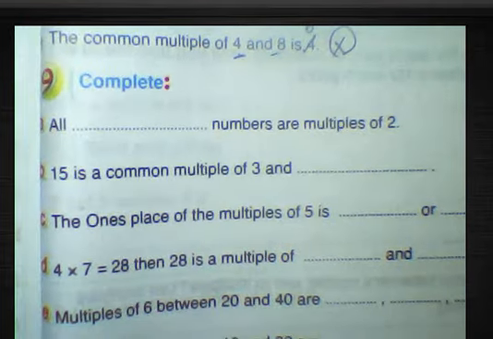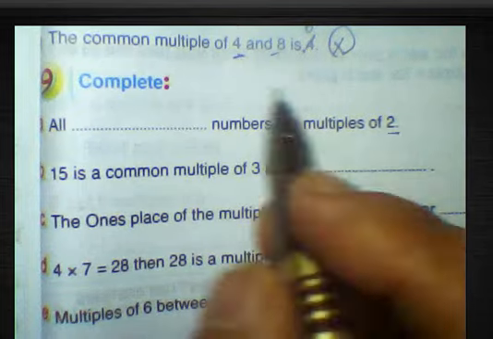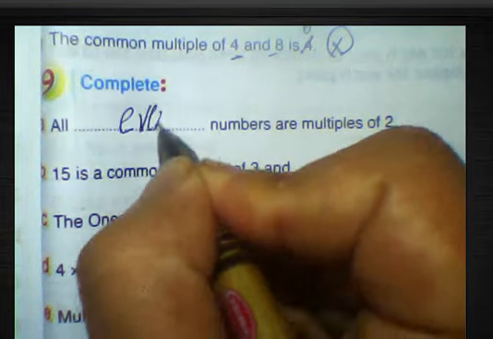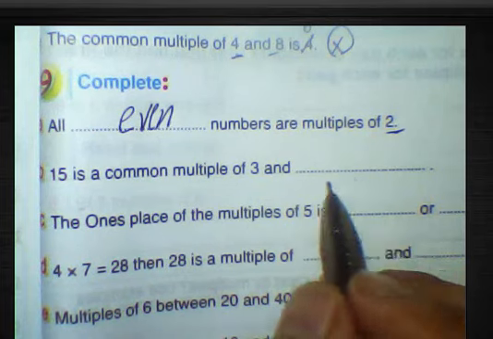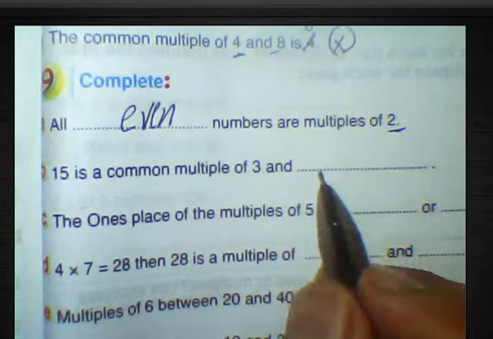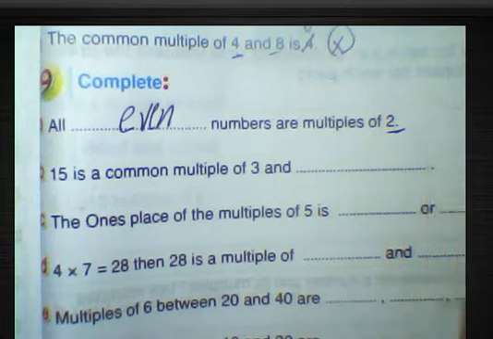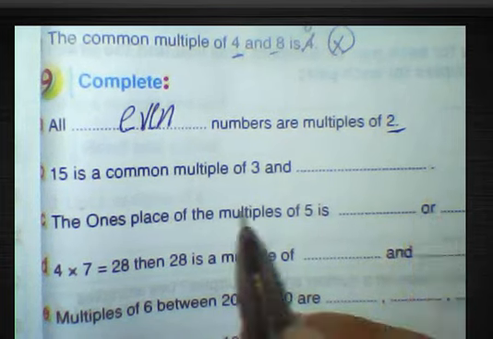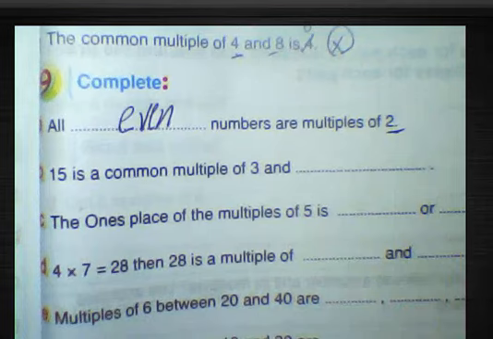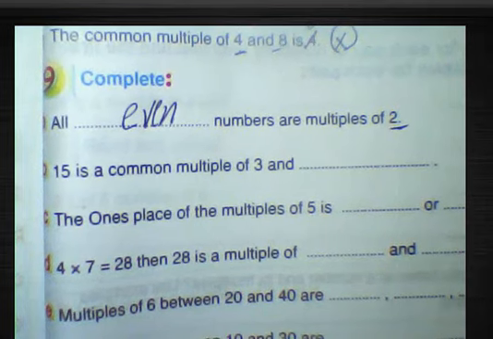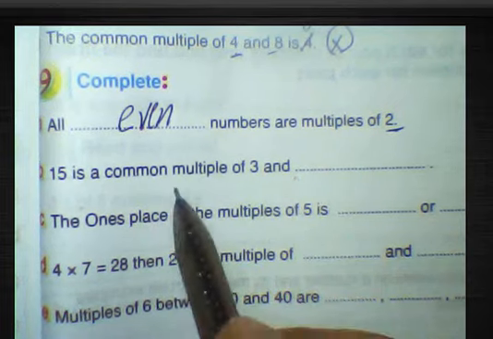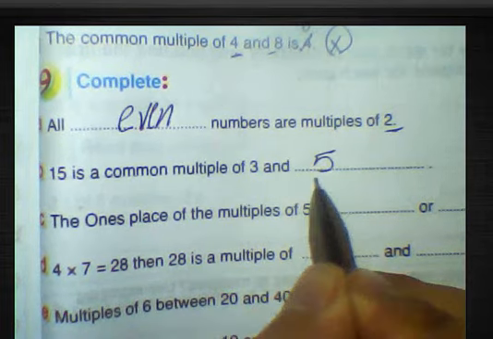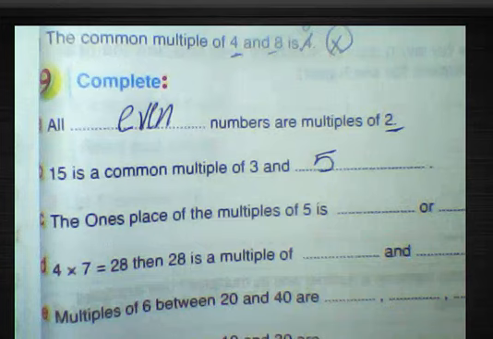Complete. All even numbers are multiples of 2, such as 0, 2, 4. Any number can divide by 2 if the ones place of these numbers is 0, 2, 4, 6, or 8. All even numbers can divide by 2. 15 is a common multiple of 3 and 5, because 3 times 5 equals 15.